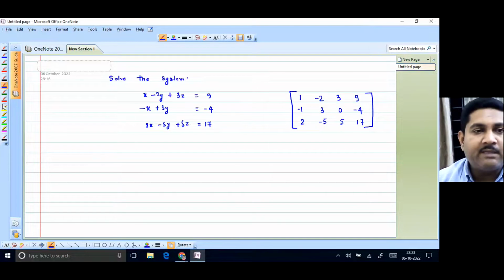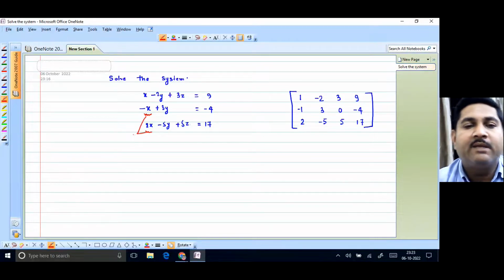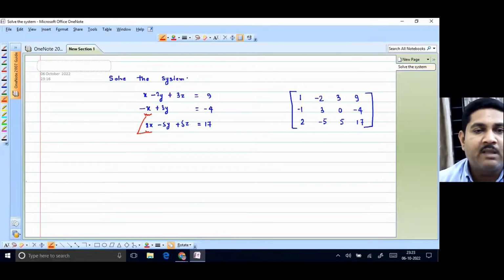Now in the elimination technique, I will use the first equation to eliminate x from the second and third equation. I want to eliminate x from the second and third equation, and for this I will just do one thing.